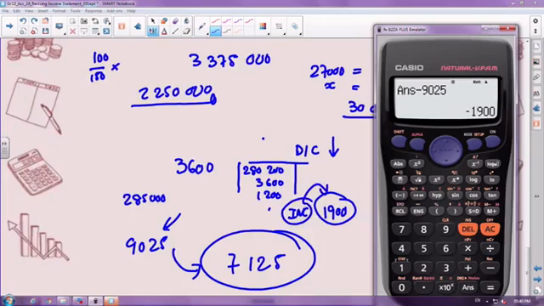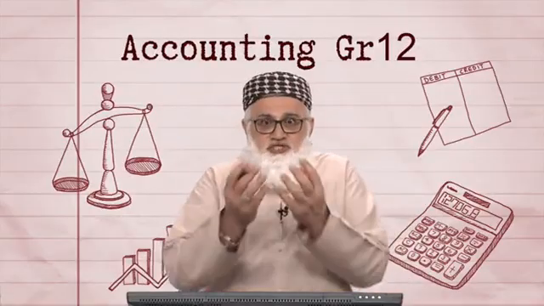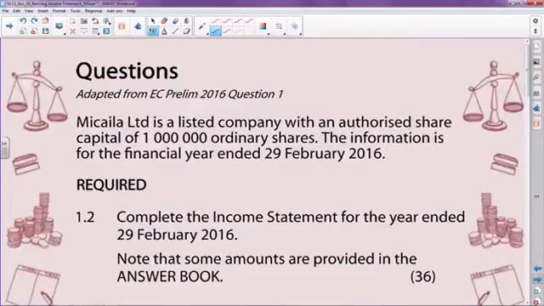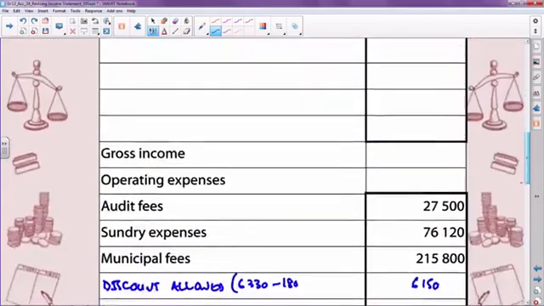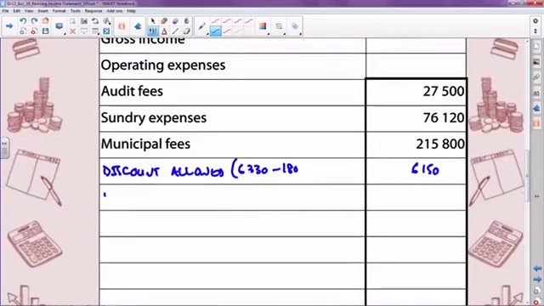If your new provision is less than your existing provision, meaning you have to decrease your provision, therefore your provision adjustment now becomes an income of 1,900. Let's enter that 1,900 under my income section, provision for bad debts adjustment, and the amount is 1,900.